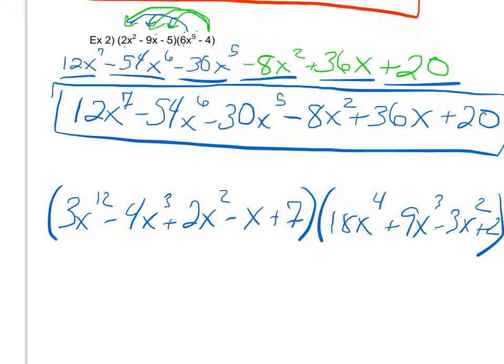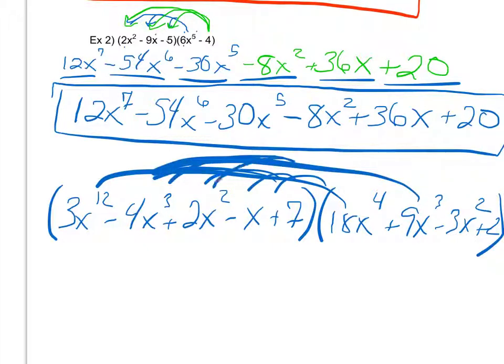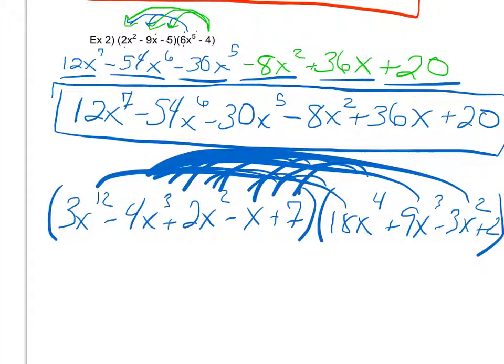It would still work the same way. I would still take the 18x to the fourth, distribute it to everything. I would still take the 9x cubed, distribute it to everything. I would still take the minus 3x squared, distribute it to everything. I would still take the plus 2, distribute it to everything. It would be a huge, long answer with terms all over the place. But nothing would change. It's the same basic steps regardless of what type of polynomials we're dealing with.